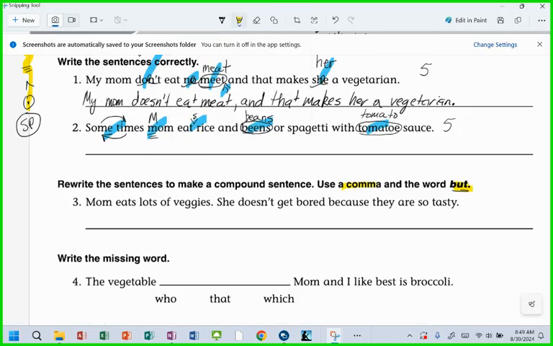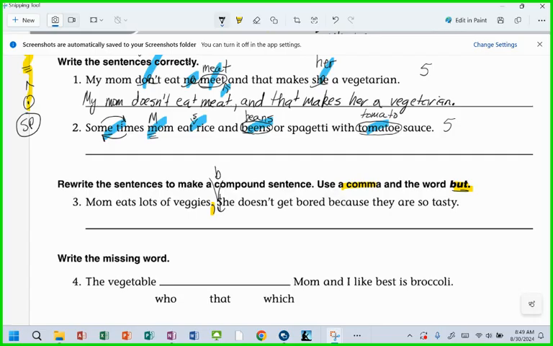All right, so mom eats lots of veggies. That's a good sentence. She doesn't get bored because they are so tasty, right? That's a good sentence. Can we join those together? Yes. How could we do that? Jonna: get rid of the period and add a comma. We're going to put a comma here, right? All right, lowercase the s in she, and we're going to use the word but.